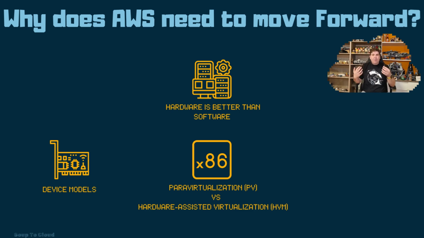Paravirtualization is a very good thing that Xen did. Xen tried to trap calls to the device models. And that is not emulation, it's a very good emulation, very close to hardware, but it's emulation. And hardware assisted virtualization are calls directly to the hardware. And that is better. And that evolution is very good for AWS.